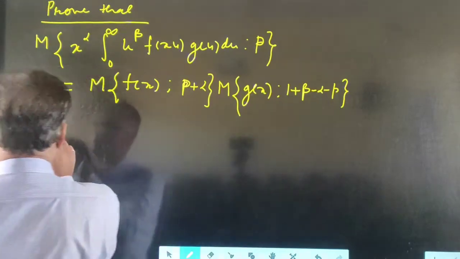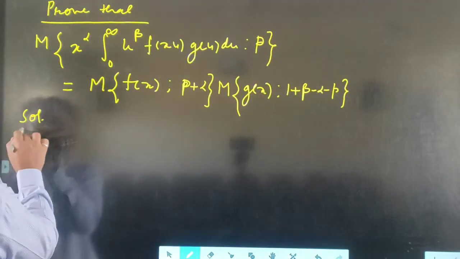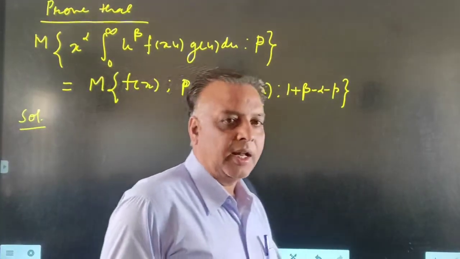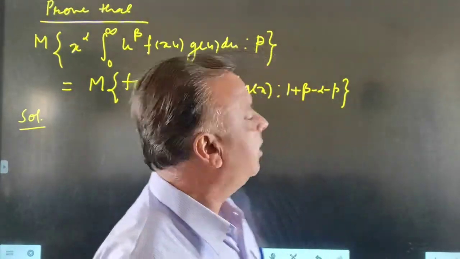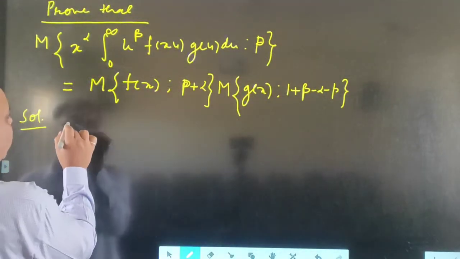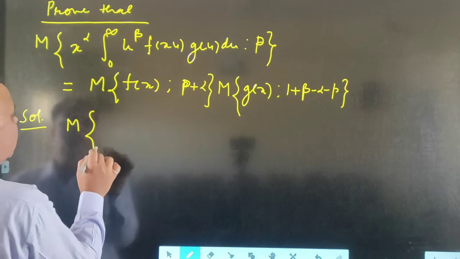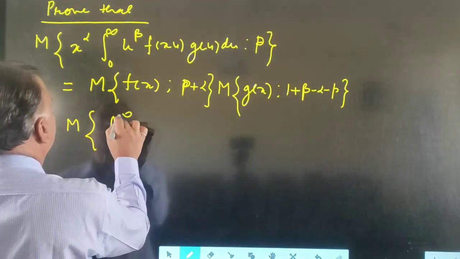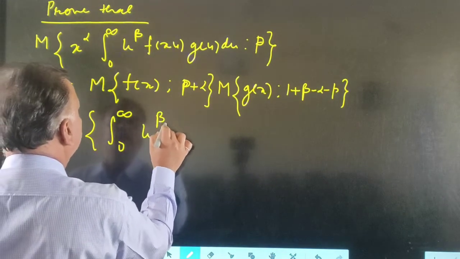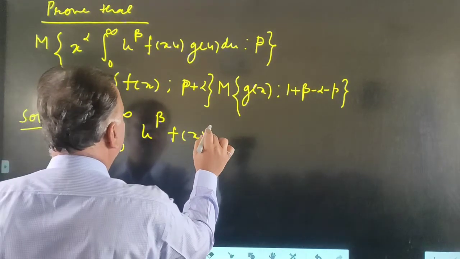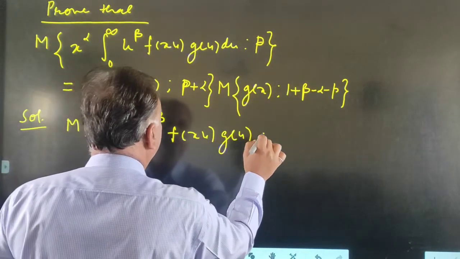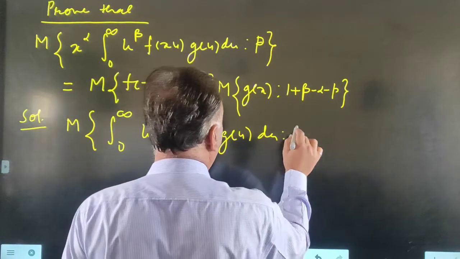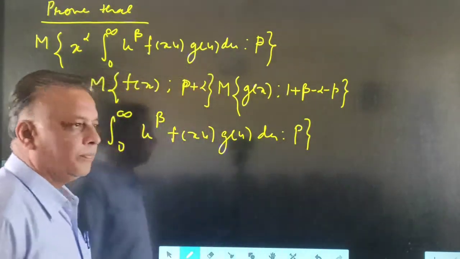The solution of this problem is based upon the definition of the Mellin transform and some properties of the Mellin transform. First we find the Mellin transform of integral 0 to infinity u raised to beta f of xu g of u du with respect to parameter p.